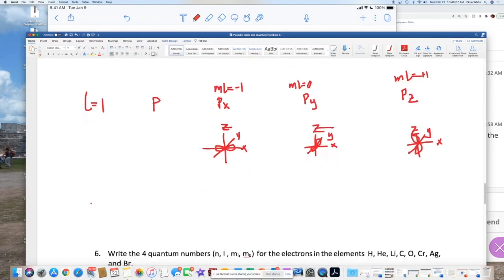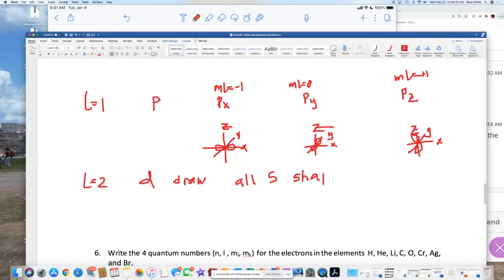Remember, when L is 2, you have how many M sub L's? 5. So you should have 5 shapes. People just draw 1, and I'm like, what about the other ones? They're not representative ones. You're drawing all 5. So when L is equal to 2, for D, you're drawing 5 shapes. So, yeah, I say draw all 5 shapes.